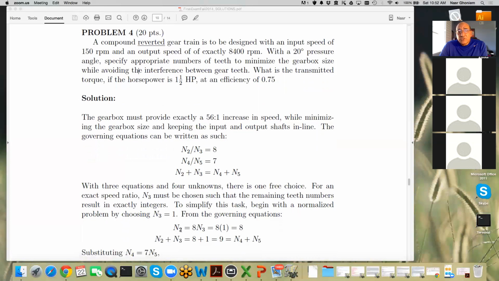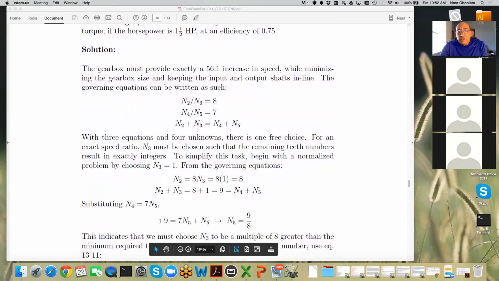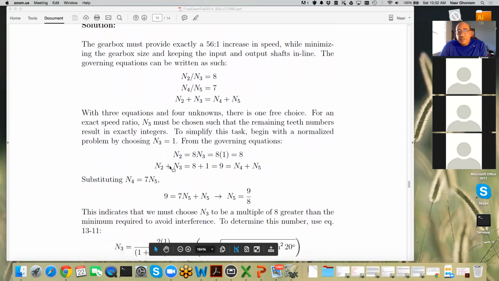So N2 would be equal to 8 times N3, so 8. And N2 plus N3 would be 9, which equals N4 plus N5. And therefore, we have now all of the gears determined if N3 equals 1. So N2 would be 8, and N4 would be 7 times N5, and N5 is 9 over 8.